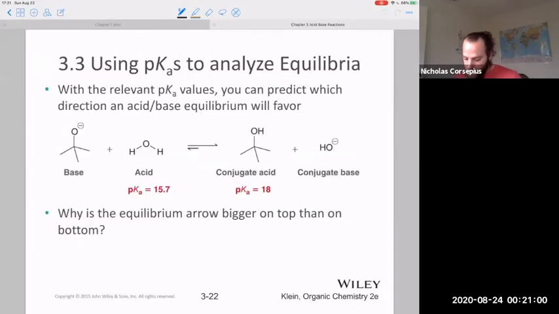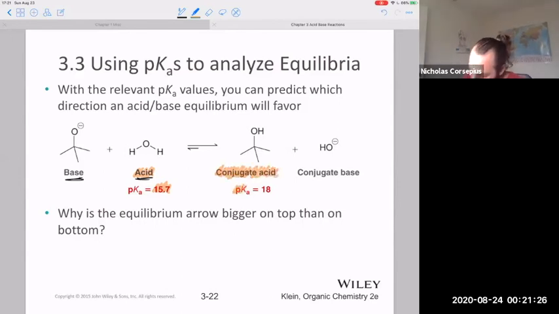So let's take a look at another example here. Again, we have our acid and base designated, so then I can form my conjugate acid and conjugate base. And then I'm going to look up the pKa of my acid. In this case, it's water at 15.7, as well as the acid on the product side, my conjugate acid, which is tert-butanol again.